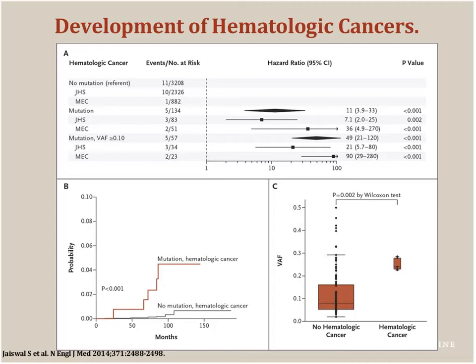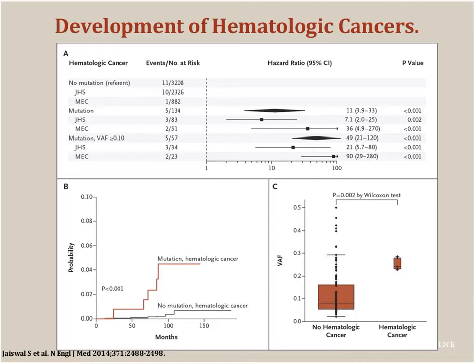So here there are two cohorts: a Jackson Heart Study cohort and a multi-ethnic cohort. And you can see that with respect to gene mutations, there's a higher incidence of association of hematologic malignancies in the presence of gene mutations.